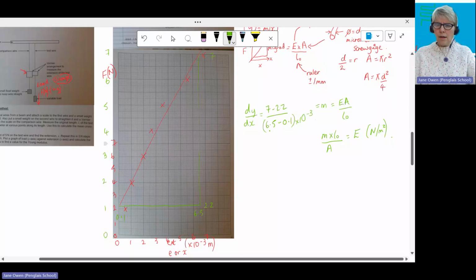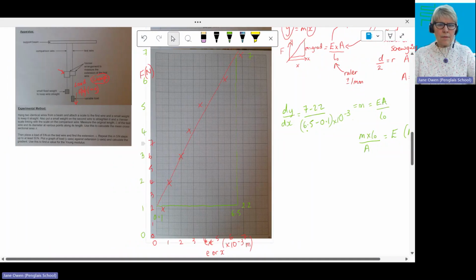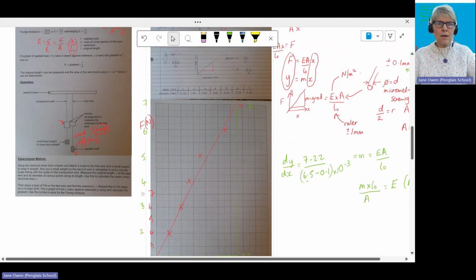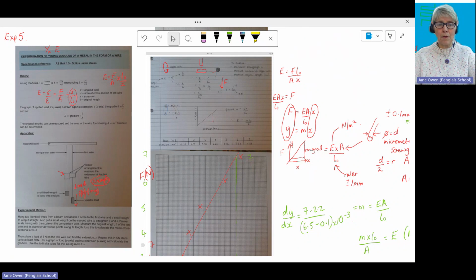Okay, I think moving on now from our Young's modulus, that's probably the most complicated. You might not have addressed materials just yet in the syllabus. You will do towards the end, and you will be expected to work out what the Young's modulus is.